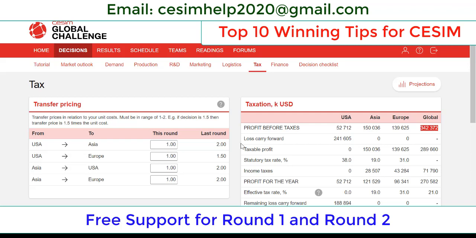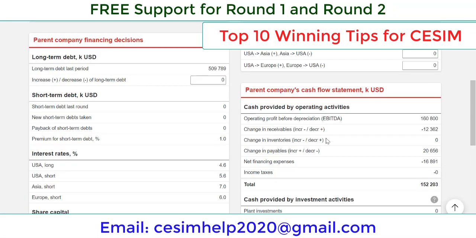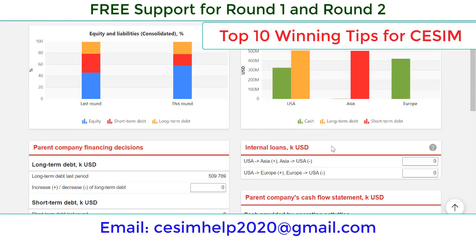For this round 3 the target is to gain back very good sales and maintain good profit. We don't chase the top profit in this round. We trade for good sales and high production capacity, so we can reduce the production cost in later rounds. So this is the finance. Yeah, we maintain a good amount of cash, right?